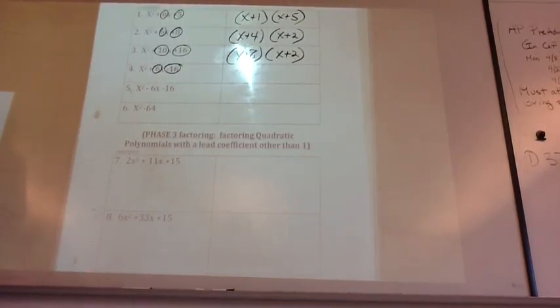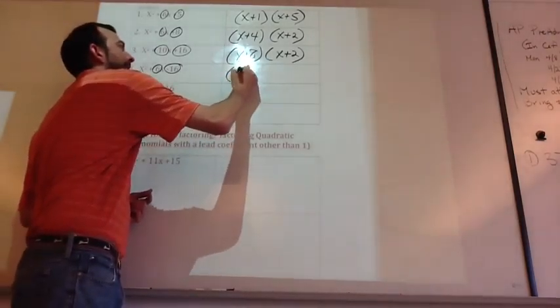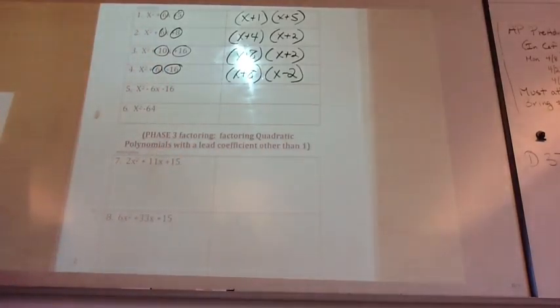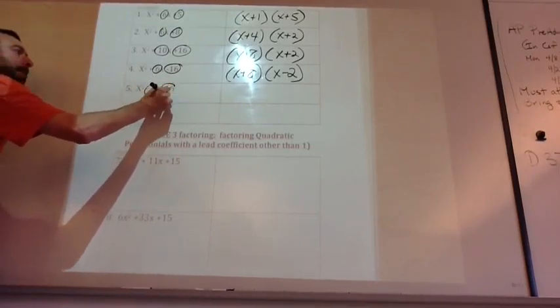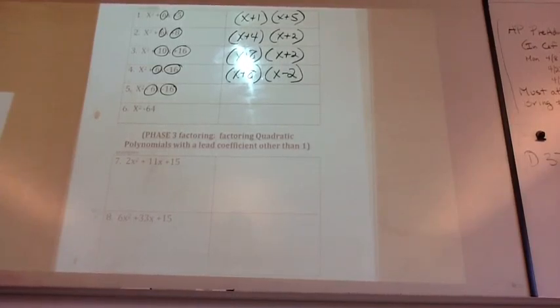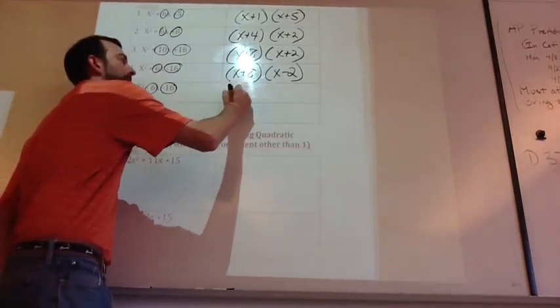How much is 8 minus 2? 6. X plus 8, x minus 2. You can just throw it right at it. Add to negative 6, multiply to negative 16. Negative 8 and positive 2.